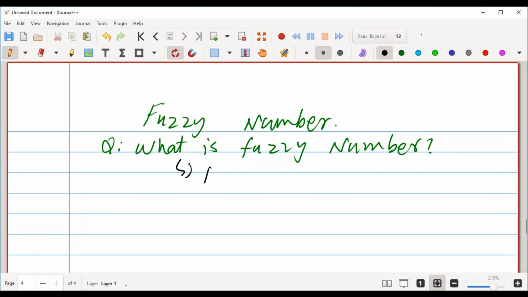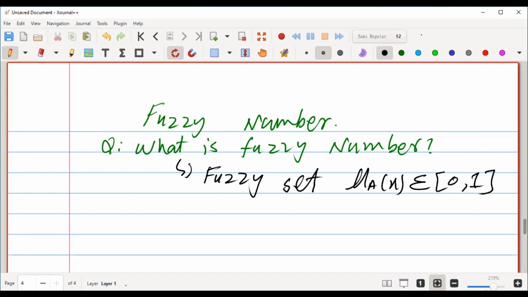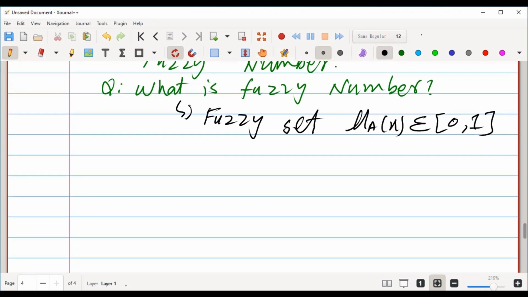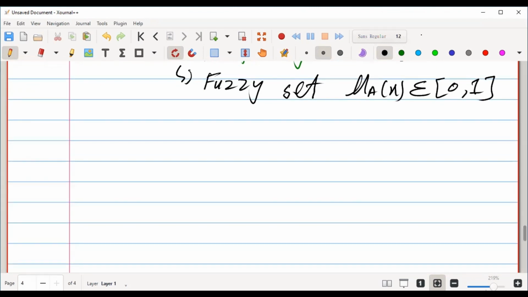It is a fuzzy set, which means that the membership function of any number x must belong to 0 and 1. The fuzzy number is a fuzzy set, and we represent the fuzzy number in real line, like we have any real line and real line interval, which is 4 and 5.